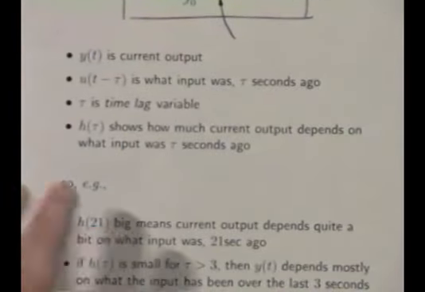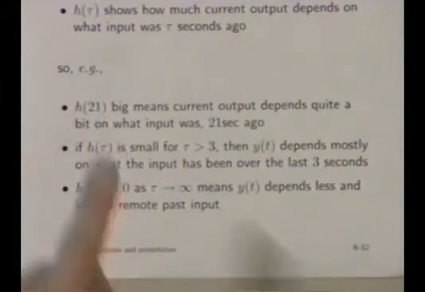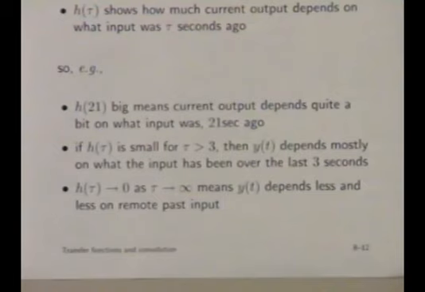Let's see. Here's some examples. If you're looking at a plot of an impulse response, and you notice that, for example, h of 21 is very big, this has a meaning, and the meaning is simple. It says that the current output of that system depends very much on what the input was 21 seconds ago. That's what it means.